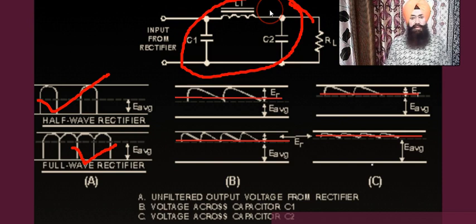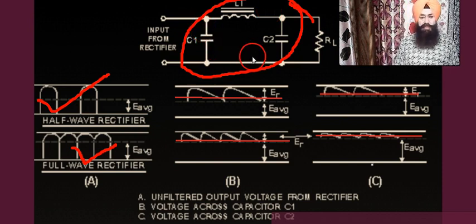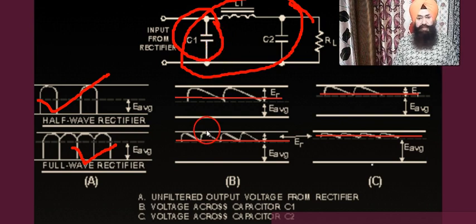If you are not using the filter circuit, then you will get either half wave if we are using one diode, and full wave if we are using 2 diodes or the 4 diodes like a bridge circuit. Now if you are using only one capacitor, meaning a shunt capacitor filter, with the half wave rectifier, you will get the output like this.